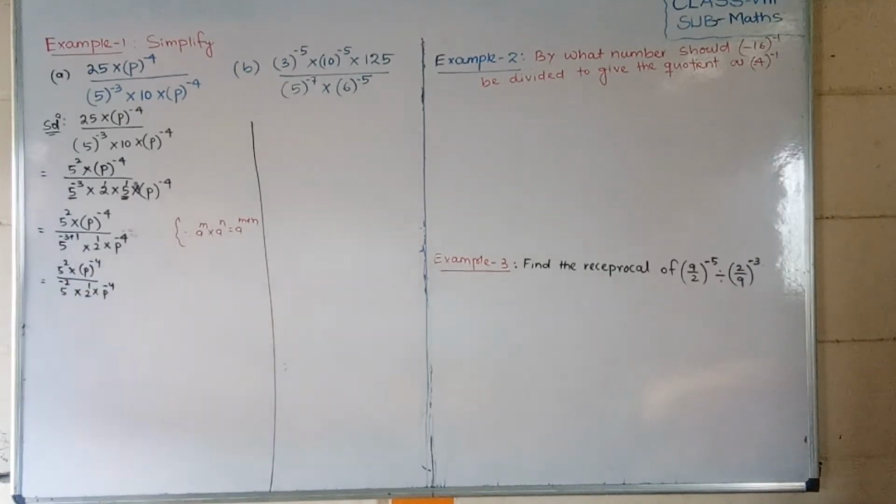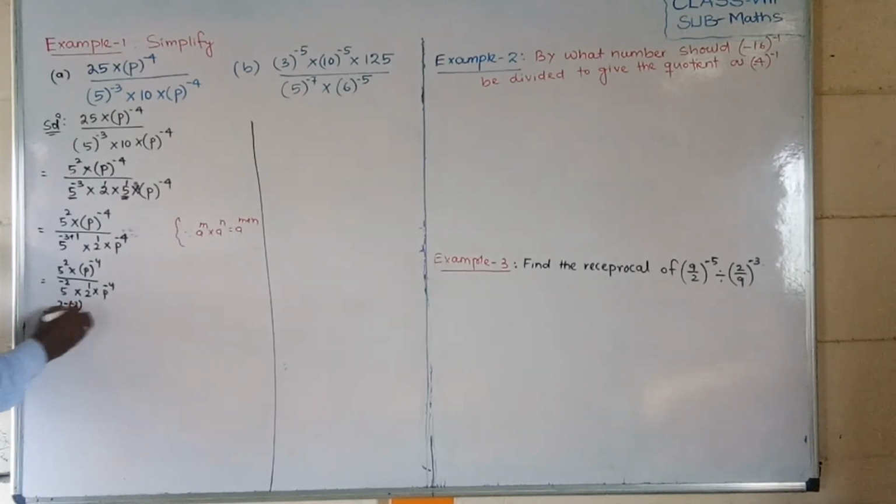Now look at the students. The base 5 is the same and it is division; p is also division. If you take the reciprocal, the sign also becomes negative. First of all, the 5: 5 to the power, how much will come? 2 minus minus 2, because division means subtraction.